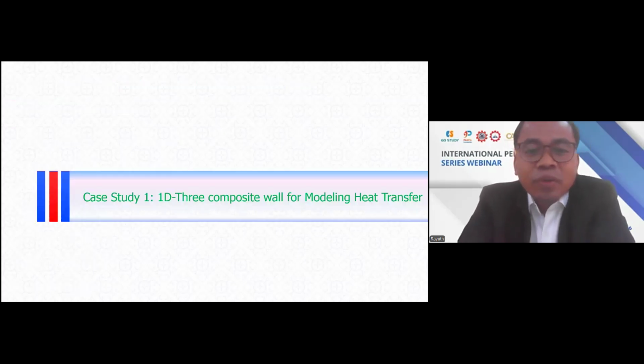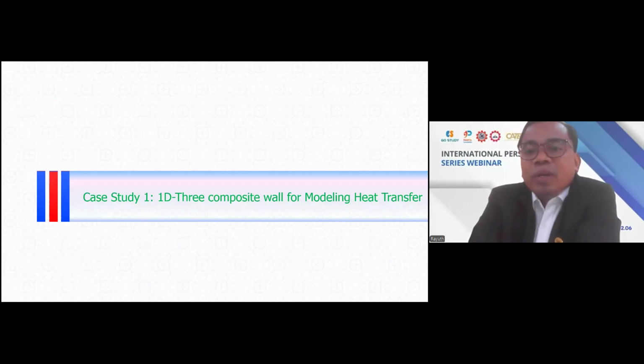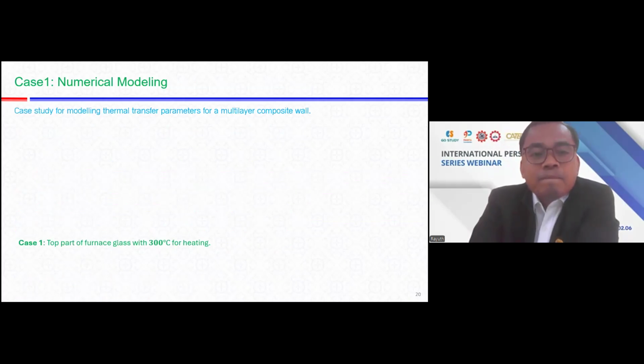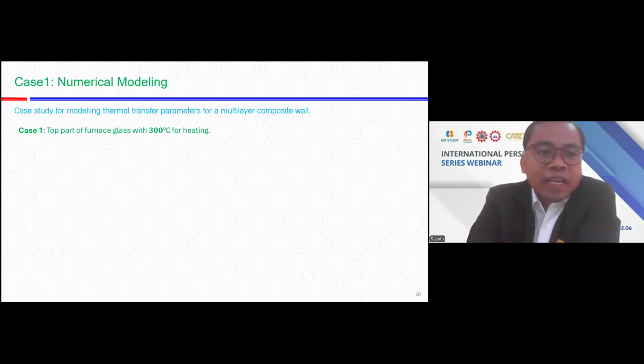For case 1, one-dimensional heat transfer modeling of a three-layer composite wall, I will choose the top part of the furnace glass.